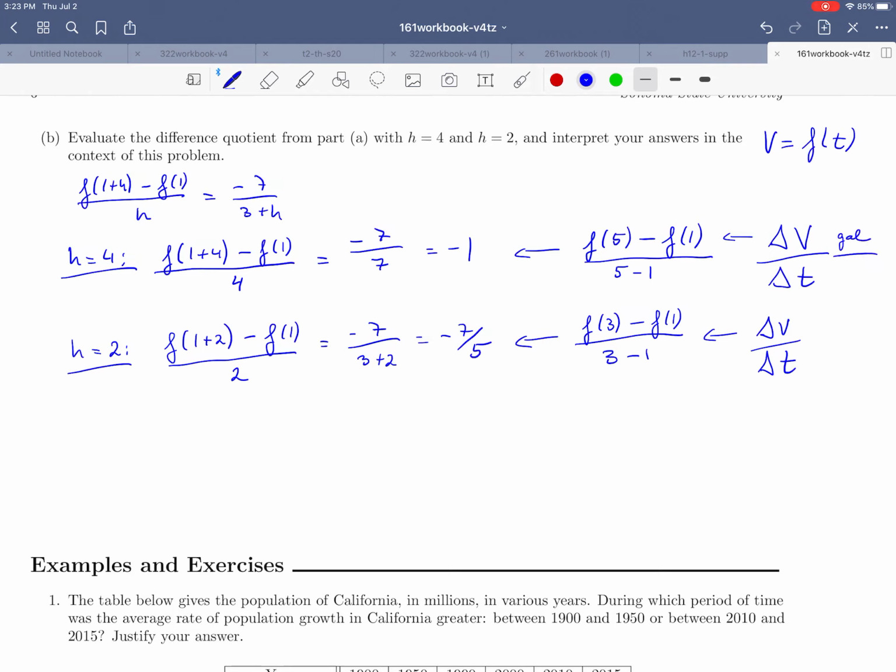The units of time in this example were minutes. So what we have here is when h was equal to 4, minus 1 gallon per minute. And for h equals 2, we had minus 7 over 5 gallons per minute.